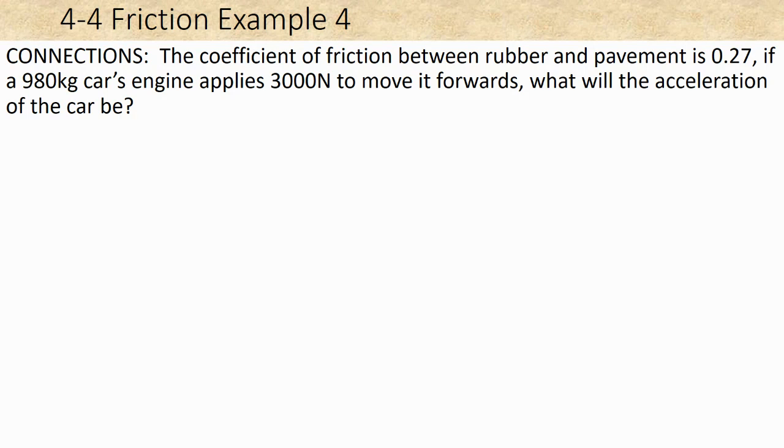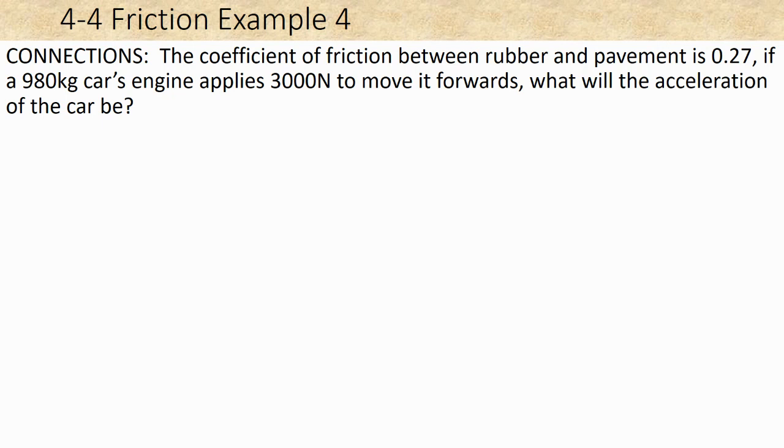Final example here. Once again, this is a connection problem, so we have to think a little bit more about what else is going on. The coefficient of friction between rubber and pavement is 0.27. If a 980 kilogram car's engine applies 3,000 newtons to move it forward, what will the acceleration of the car be? So this one's a little bit more complicated than the last one.